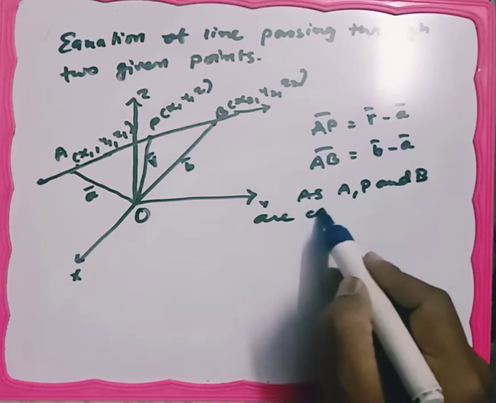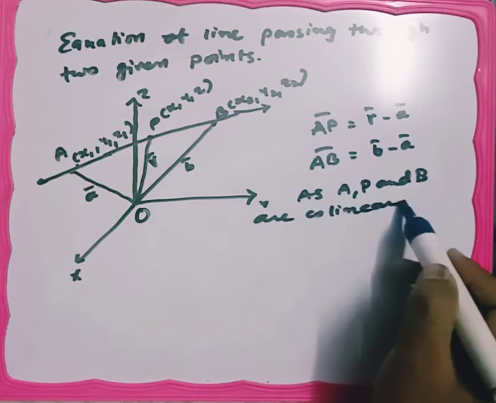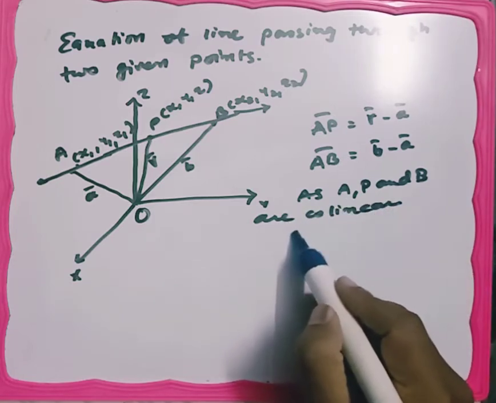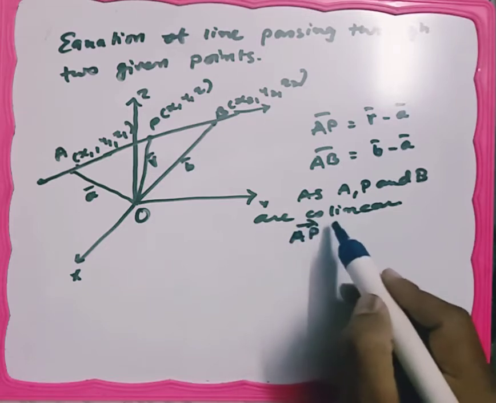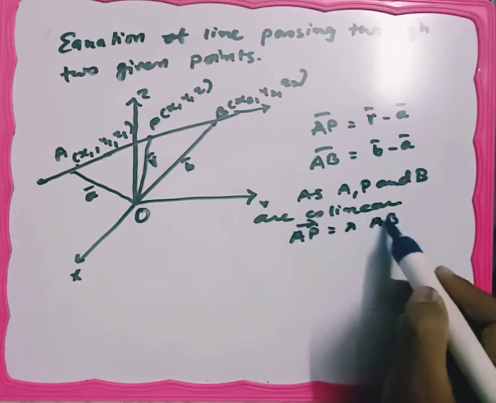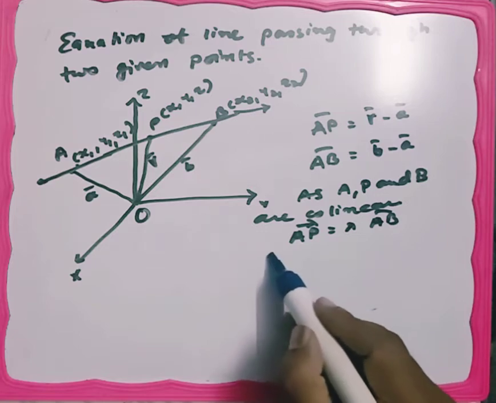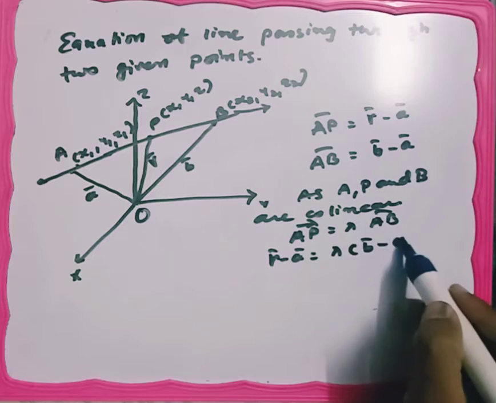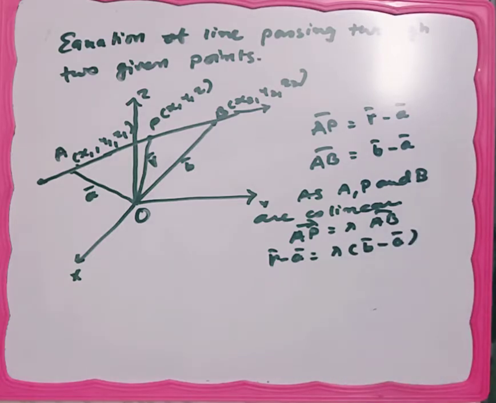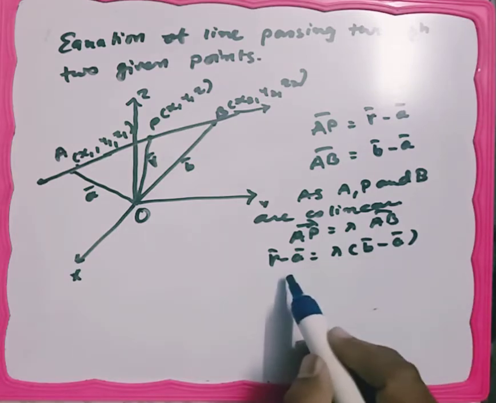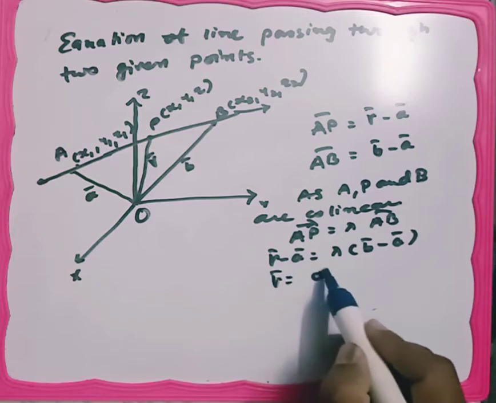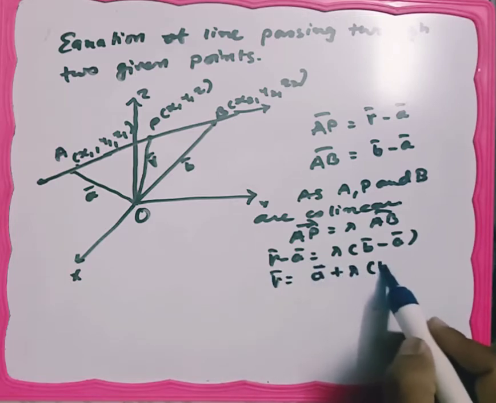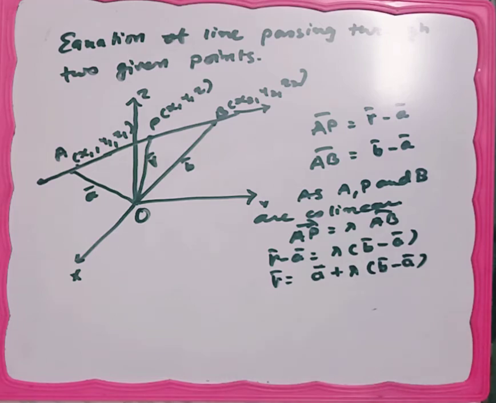We can write that vector AP equals lambda AB, and so r bar minus a bar equals lambda times b bar minus a bar is the vector form of a line passing through the two points. So r bar equals a bar plus lambda times b bar minus a bar.